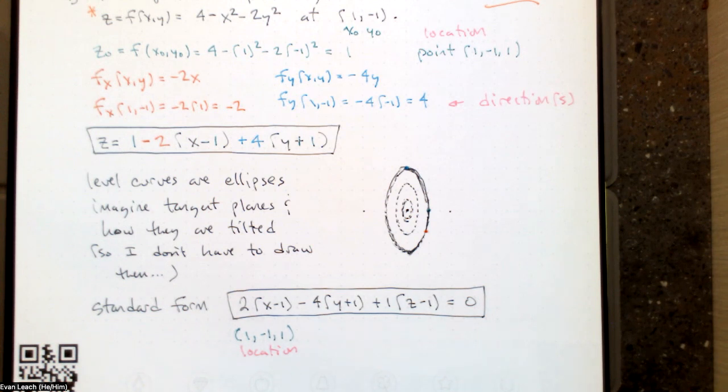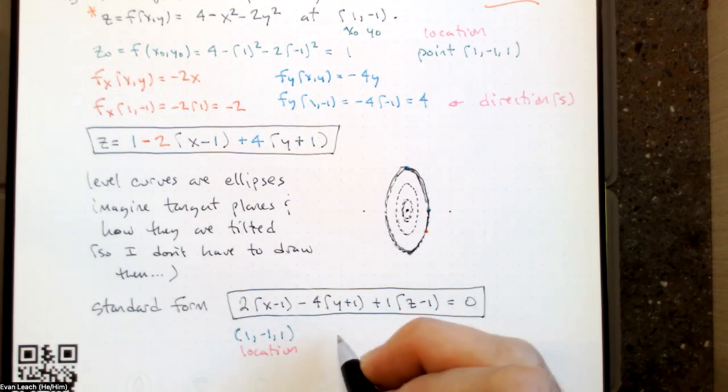But in the standard form, the coefficients of x, y, and z are the components of a vector normal to the surface. So our direction here is described not in terms of two slopes, but one normal vector. Instead of describing with two tangents, we're describing with one normal vector.